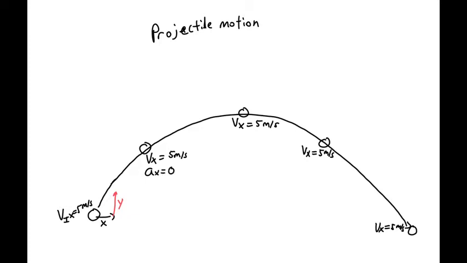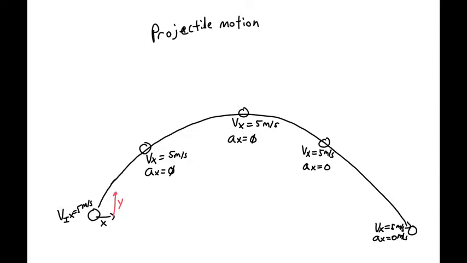Well, if your velocity is constant, acceleration in the x direction has to be 0. So our x vector will be a constant velocity, therefore there is no acceleration.